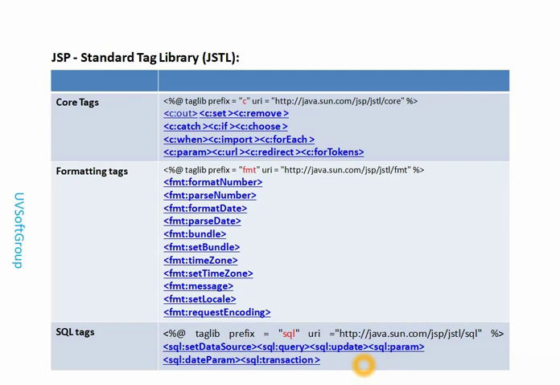So with the JSTL tag libraries, you can access the database directly, present your data and do your CRUD operations. But nowadays enterprise applications are more complex, so it is not a popular solution to use SQL directly at the front end level. That's why it's divided.